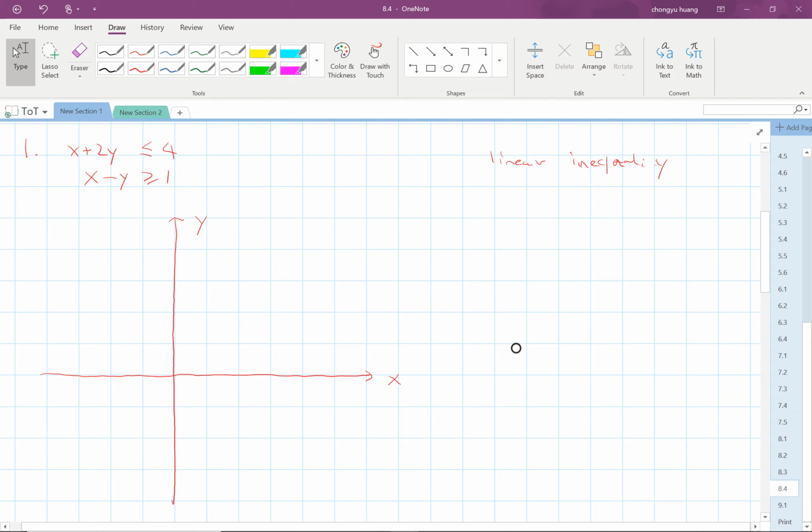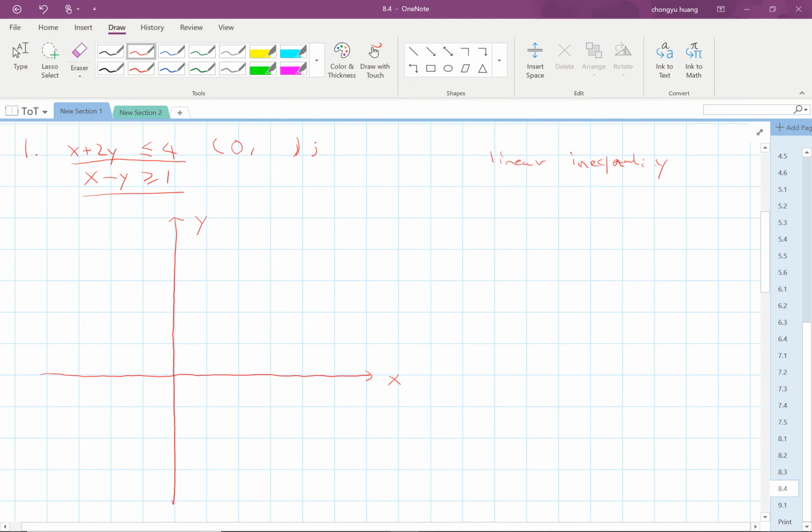As you can see, we have two equations here. First we have to graph those equations by replacing the inequality signs with equal signs.